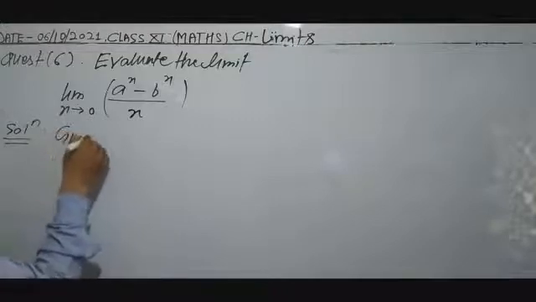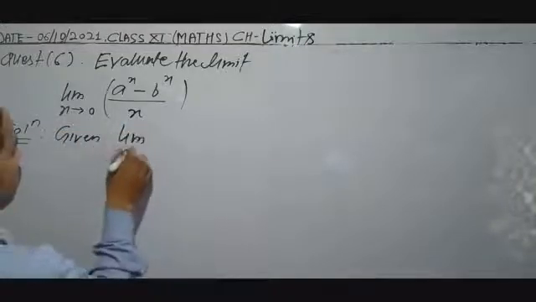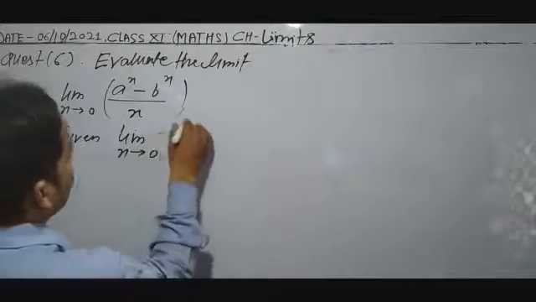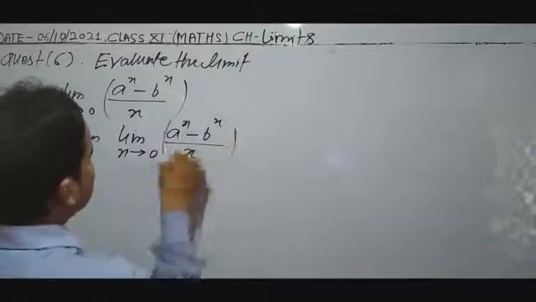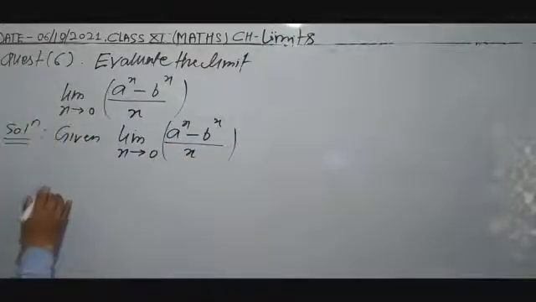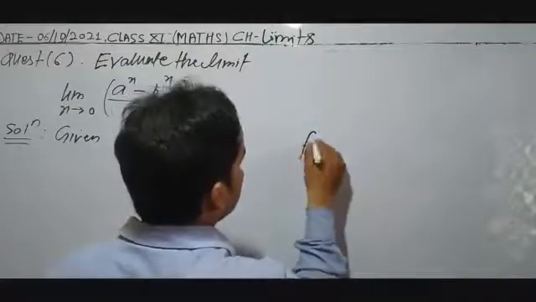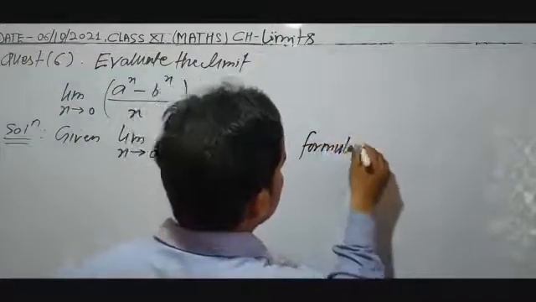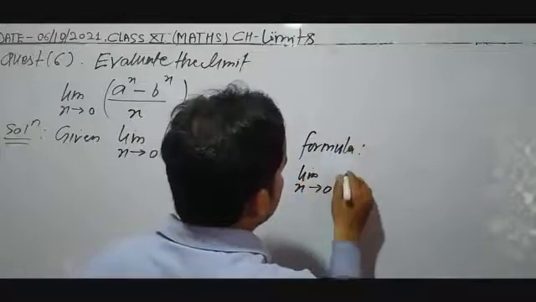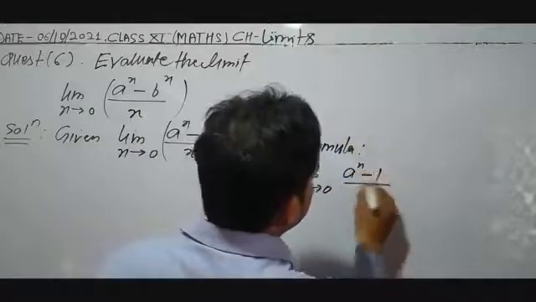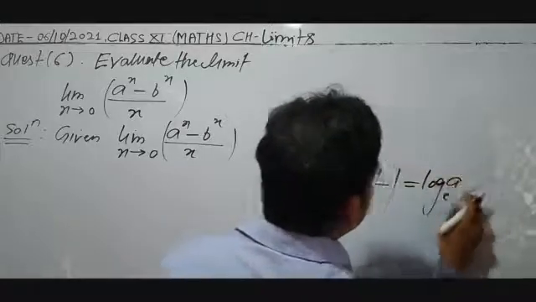Now given the limit, limit x tends to 0, a to the power x minus b to the power x whole upon x. This one we can write, and you know the formula: limit x tends to 0, a to the power x minus 1 whole upon x, the result is log of a base e.